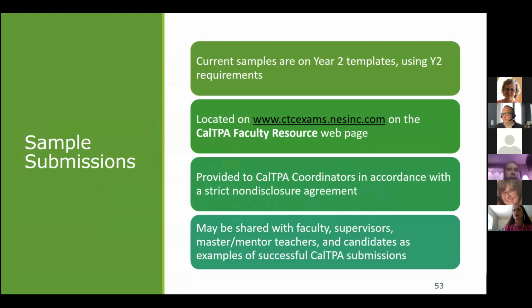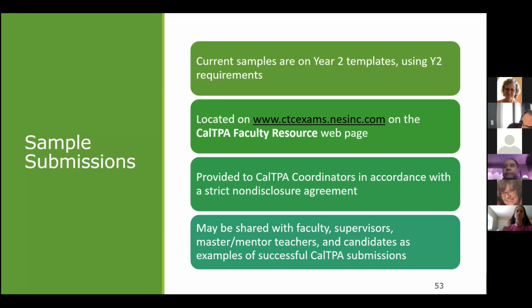Also available on the faculty resource website, down at the bottom, there's a section called CalTPA Secure Materials. There's a link that will take you to the CTC Secure Materials website. And this is where they have posted actual sample submissions. Currently, the submissions are from year 2. We haven't completed our first submission and scoring window yet for year 3.